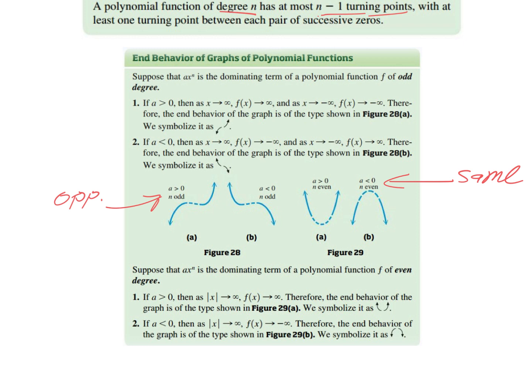If you had a reflected polynomial, it would be flipped over, and this would be case B. So let's make a quick note here that this is the reflected version. Same with part B over here. This is reflected. And the original is version A.